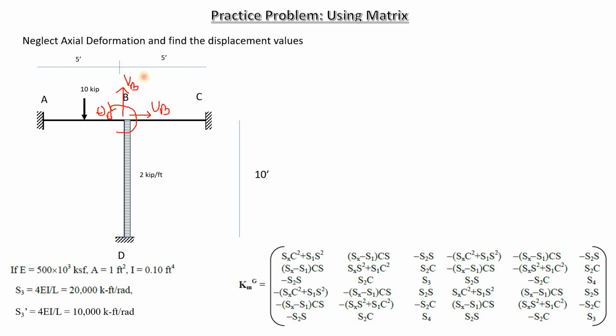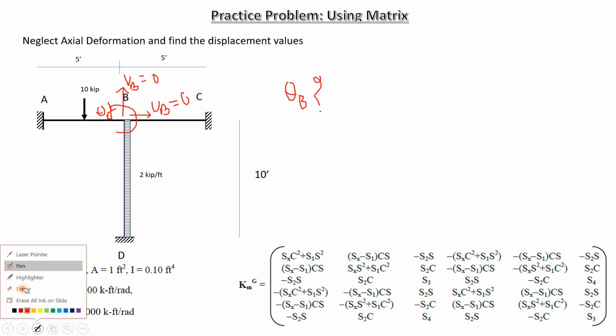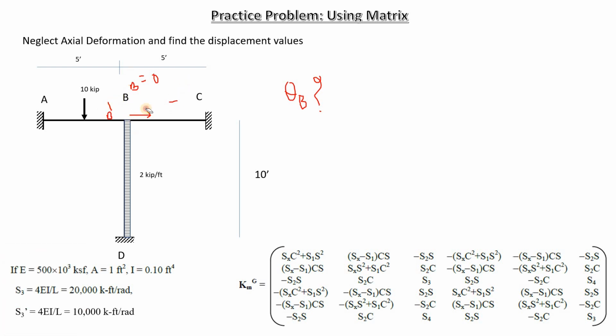So if we neglect axial displacement, VB becomes 0, UB becomes 0, so we're only left with theta. So theta B is what we're going to find. Okay, so let me just erase all this. Theta B is what we're going to need to find.